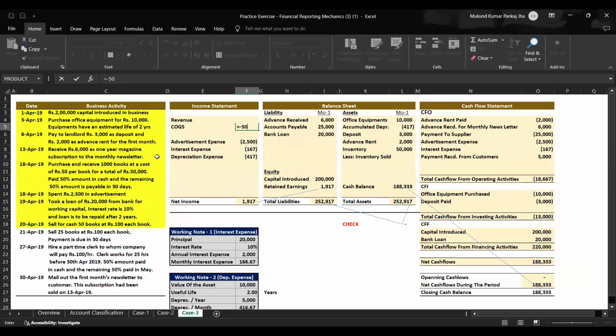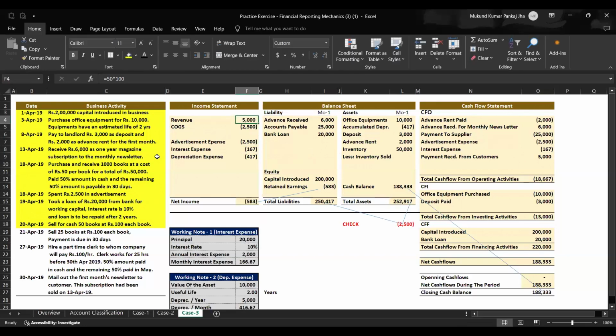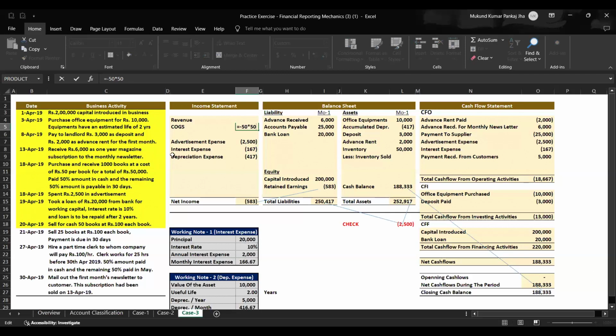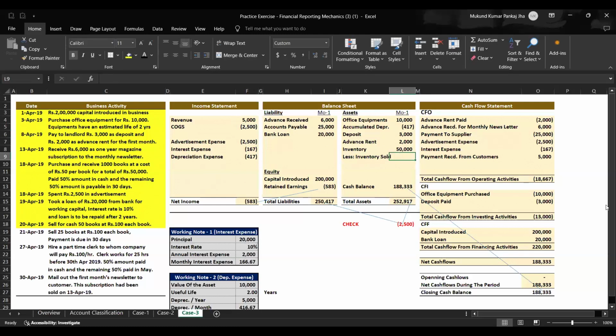So 50 rupees into 50, because I have sold 50 books at rupees 100 and I purchased those 50 books at rupees 50. That gives me my cost of goods sold. Now this 2,500 rupees worth of inventory should be reduced from my inventory.